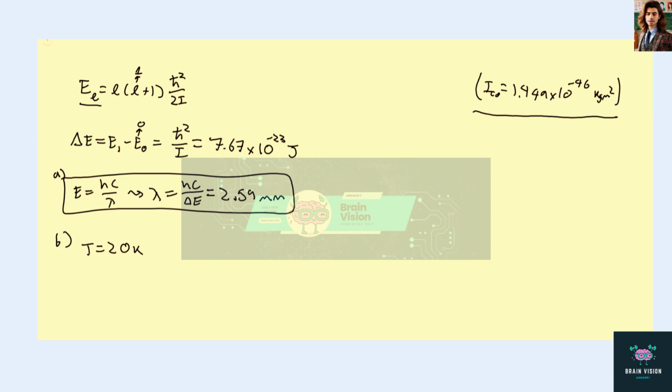But since the temperature is so cold, it doesn't make sense that we find so many carbon monoxides in this rotational state.